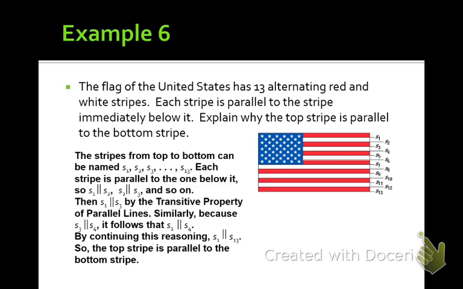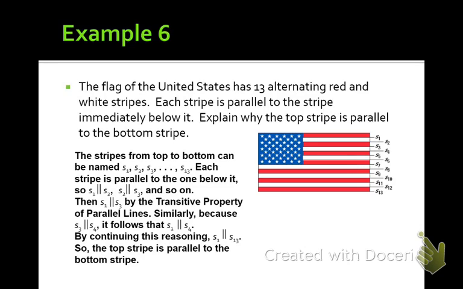Because we can continue to use the transitive property all the way down the line. S1 is parallel to S2. S2 is parallel to S3. So on and so forth, all the way down to S13. So because of this transitive property, we just assume that S1 is parallel to S13.